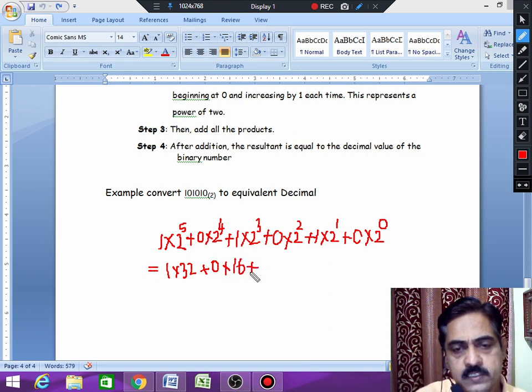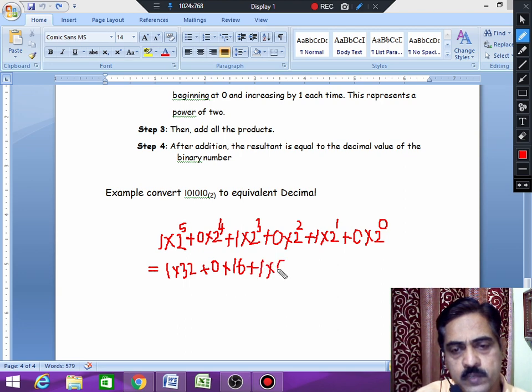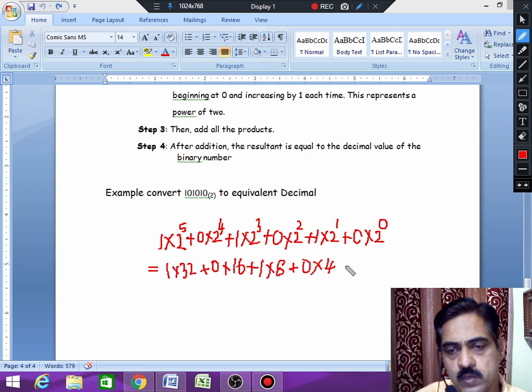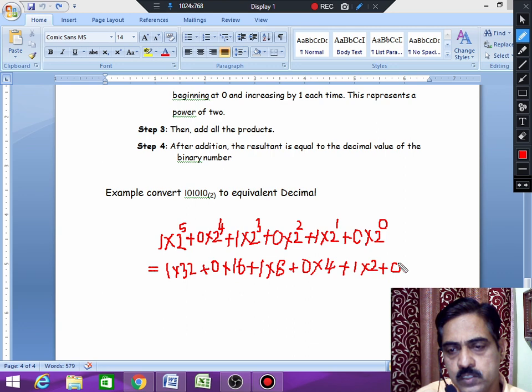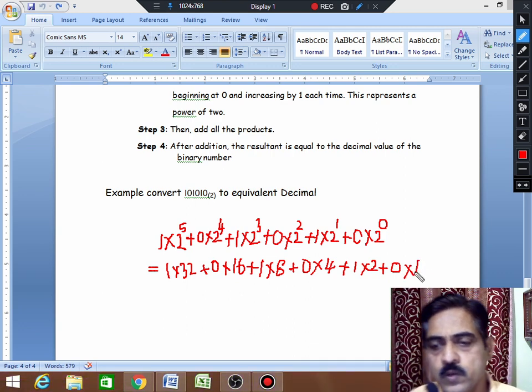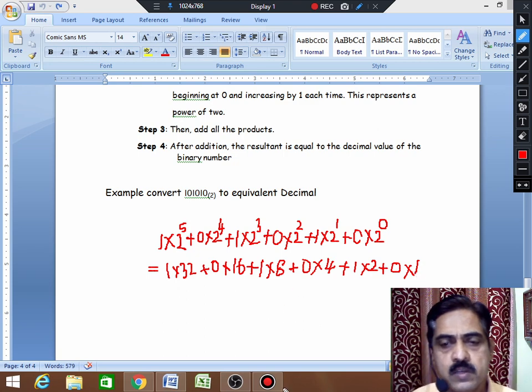You have to write that step, plus 1 into 2 to the power of 3 which is 8, plus 0 into 2 to the power of 2 which is 4, plus 1 into 2 to the power of 1 which is 2, plus 0 into 2 to the power of 0 which is 1, because we know any number to the power 0 is 1.